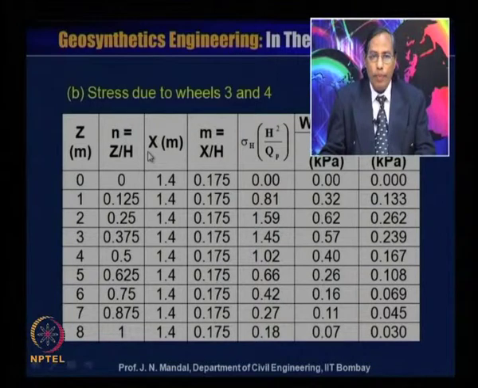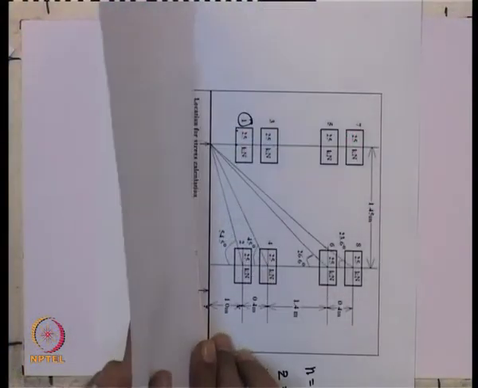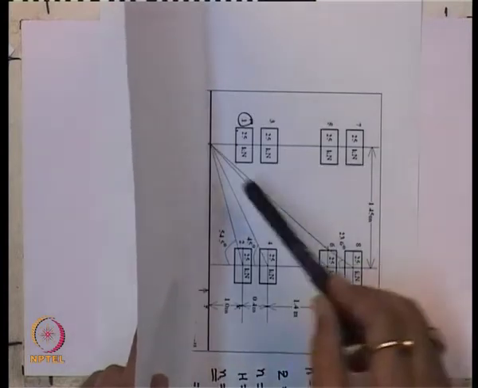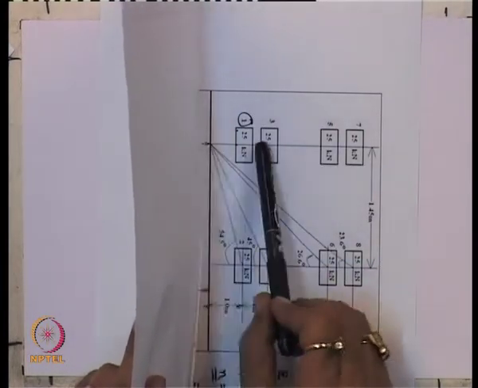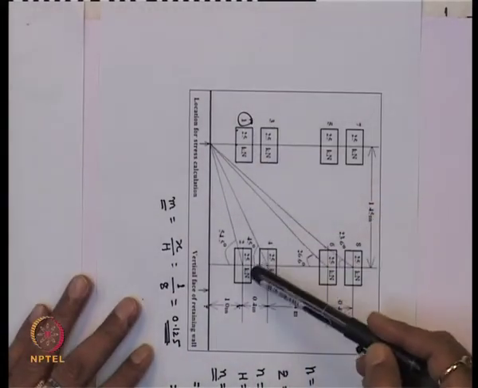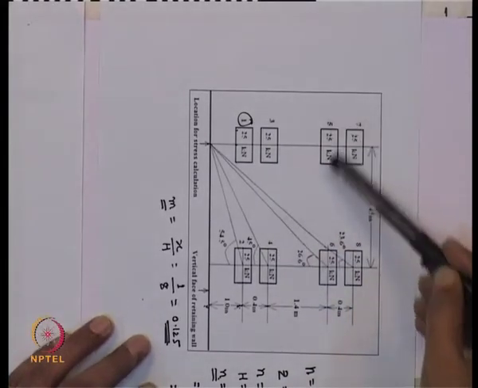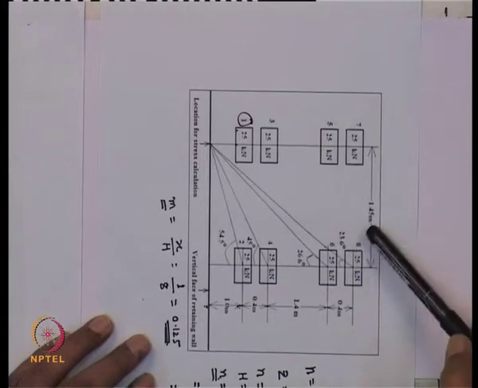And now, what is x? x, as I mentioned, is measured from the facing element. You can see here, this is the wall, and this is wheel number 1, wheel number 2, wheel number 3, wheel number 4, 5, 6, 7 and 8.